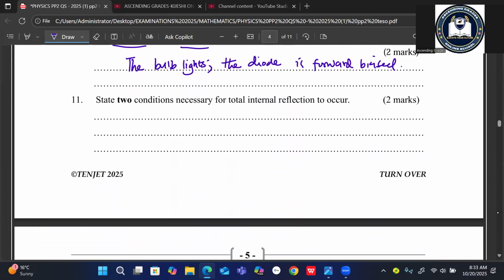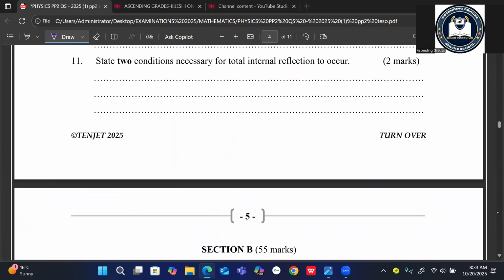We have our question 11. State two conditions necessary for total internal reflection to occur. And for those who have been following our channel, you can see that this question is common to most of the papers.